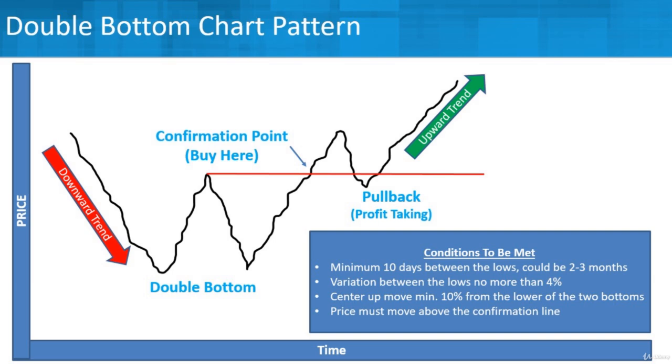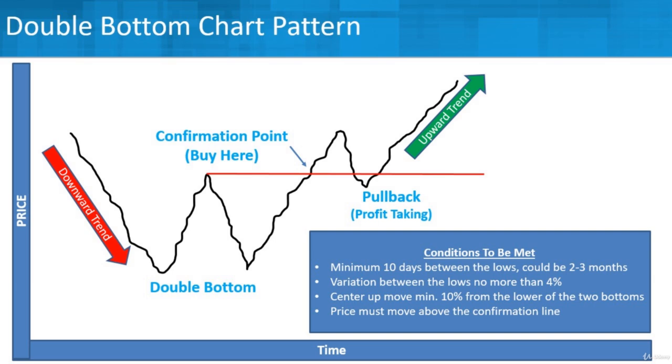Then the center up move is a minimum of 10% from the lower of the two bottoms, right? If it just goes up a couple of percent, you've got a really funky looking W. That's not it. It needs to move up 10% from the bottom and really form a W. It may not be a perfect W, it's not going to look visually perfect, but it's going to look very clearly like a W. And then the price must move above the confirmation line.